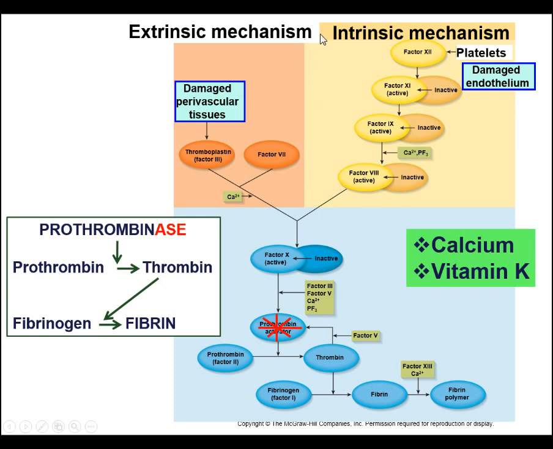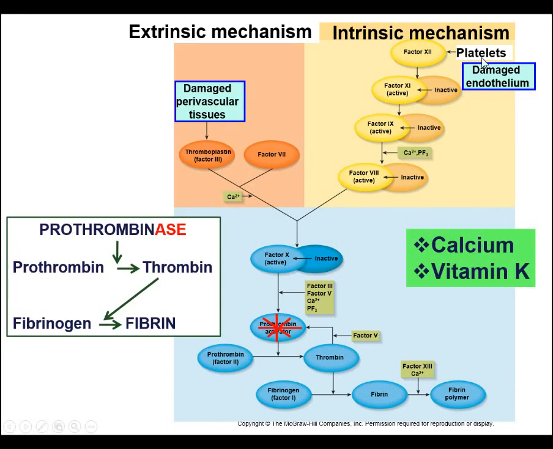So if we start up here, we can say that under the heading of intrinsic mechanism, what we're talking about is there is damage to the endothelial wall that can be detected on the inside. Okay, so the injury is from the inside of the vessel, intrinsic.